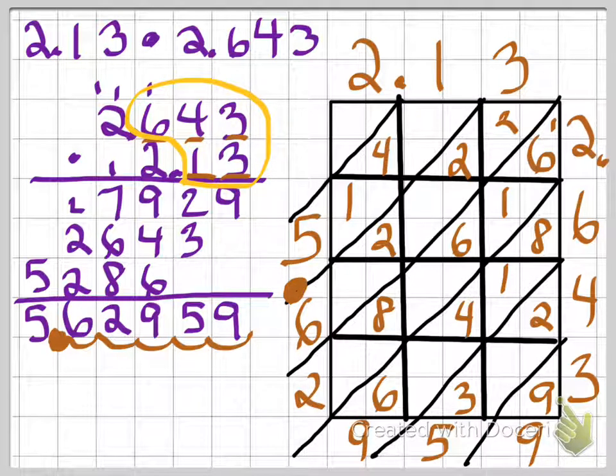So here I had 1, 2, 3, and here 4, 5. That means I have to move my decimal 1, 2, 3, 4, 5 here, and that leads me with my answer, as you see. Same thing over here with the lattice. I started here and worked my way up until I got in between the 5 and the 6.